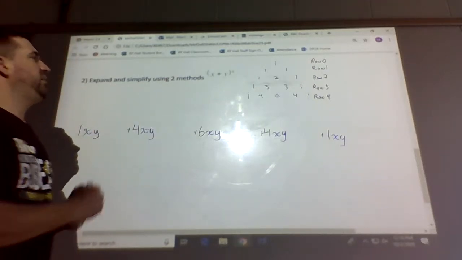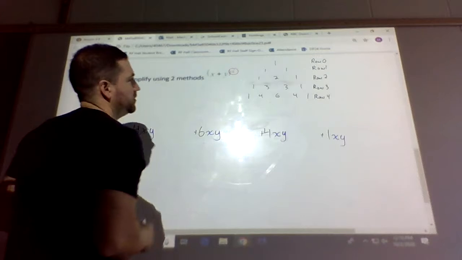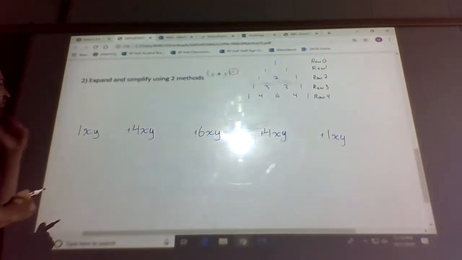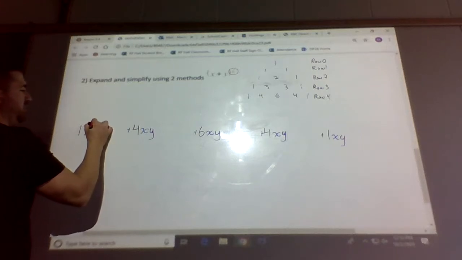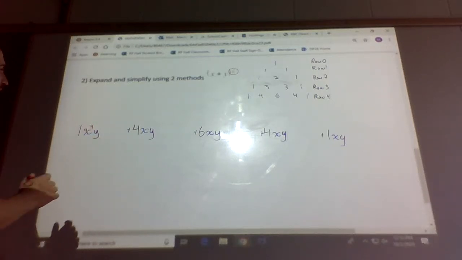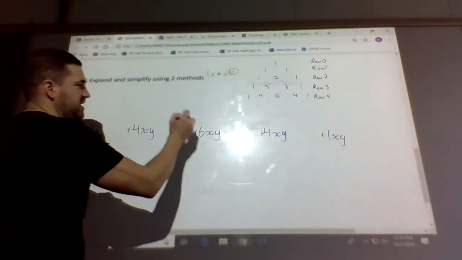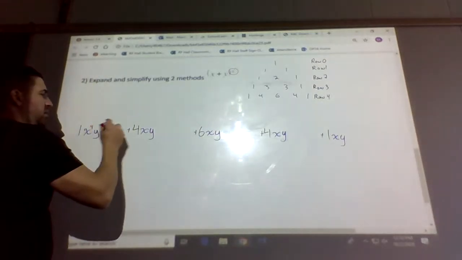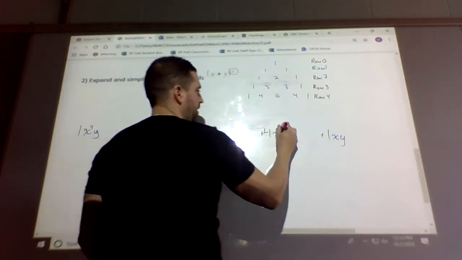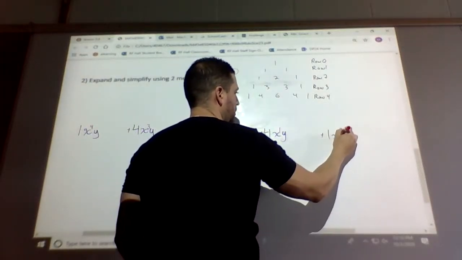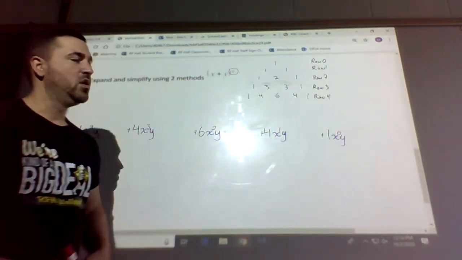Okay, so we have an exponent of 4. For the first term with the x, we're going to put an exponent of 4 to start, and then for the x's we're going to count down. So we go 4, then 3 on the next one, 2, 1, and then 0. Count all the way to 0, just like the rows.